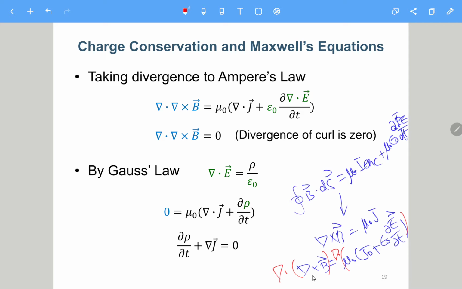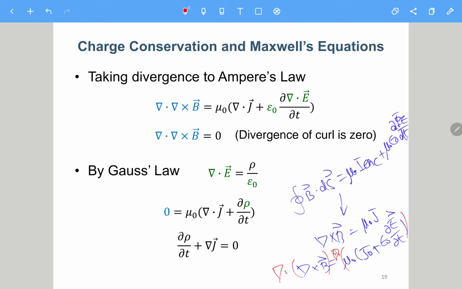This is just an explanation that this one is evaluated first, and then this one later. You could evaluate the other order first, but that becomes another operator, the Laplacian. Anyway, on the left side is the divergence of the curl of B.